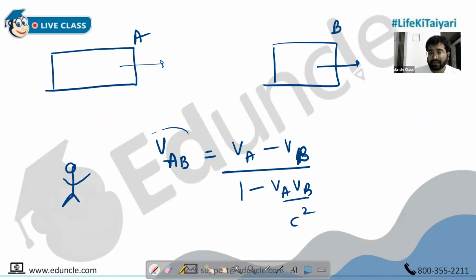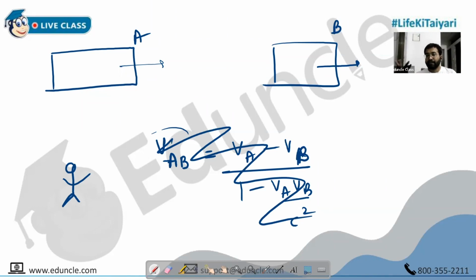Yes sir. But question में ऐसा लिखा है ना that A and B are moving apart from each other with a speed of 0.99 c, and this is what observer is observing. Yes sir. नहीं, क्वेश्चन का तो इंग्लिश ही गलत है. Like they should write it very clearly that A is also having a speed of 0.99 c and B is also having a speed of 0.99 c. नहीं, गलत है. Leave it.